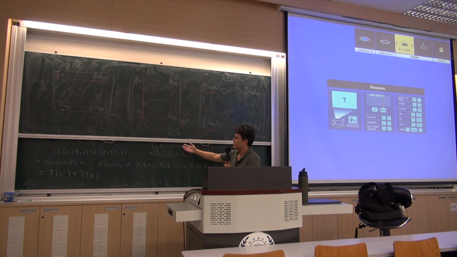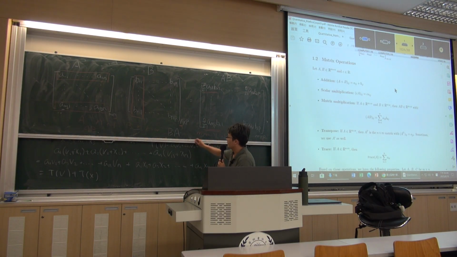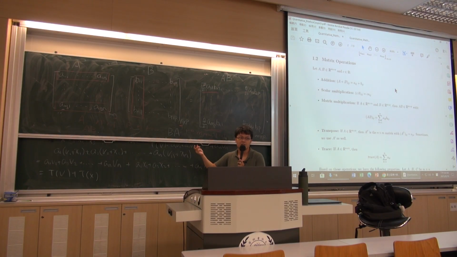You can only do that if and only if M and P are the same number, of course. But generally that is not true. So be careful: when you see that you can do A times B, it doesn't mean that you can always get B times A. Just keep that in mind.